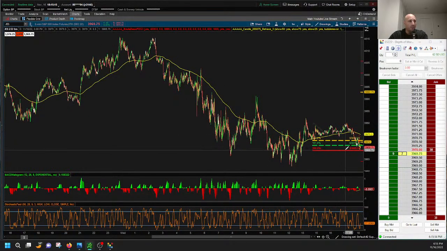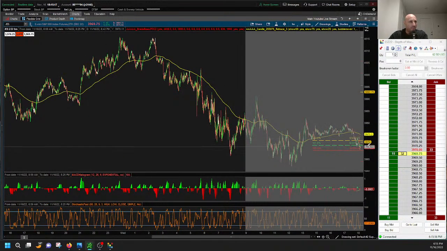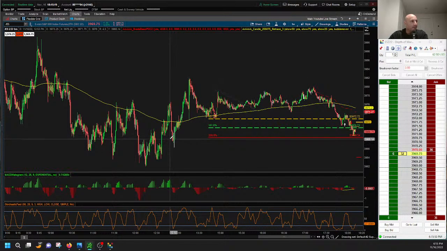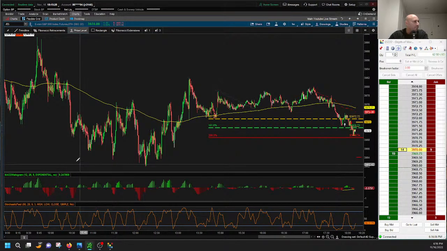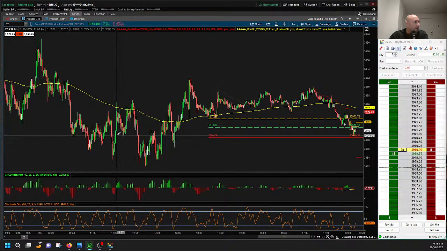Zoom out. Is that 200 match up with anything over here to the left? Yeah, kind of this low right here. Look at this. If I grab this low, right?